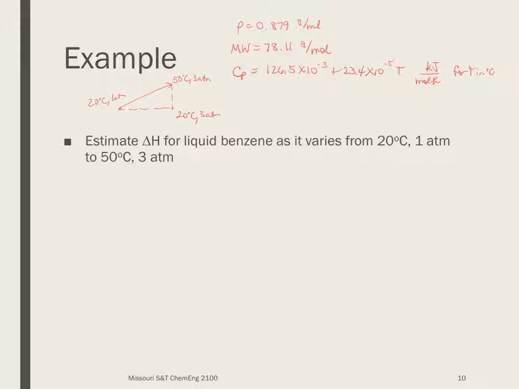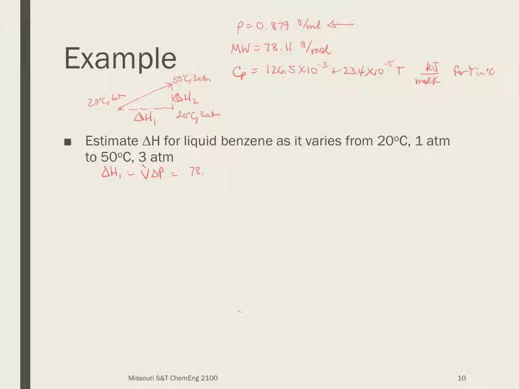This is one of many process paths that are possible. I'm going to call this delta H1 and this one delta H2. Delta H1, if there is no temperature change, is going to be V delta P. The reason I chose this path is because the density value that I have is for room temperature, so it's very close to 20 degrees C, and therefore I have appropriate data.